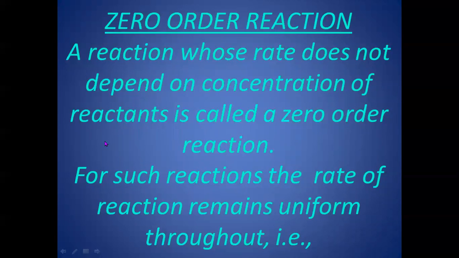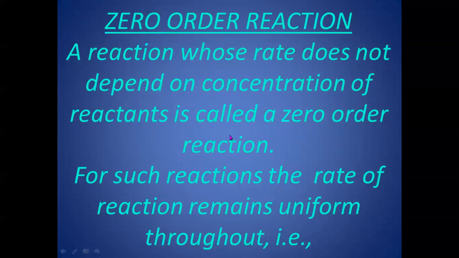So if the order of reaction is 0, it is called zero order reaction. It means the rate is independent of the concentration of the reactant. So a reaction whose rate does not depend on the concentration of reactants is called a zero order reaction.